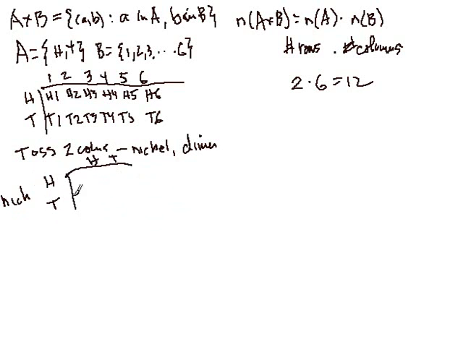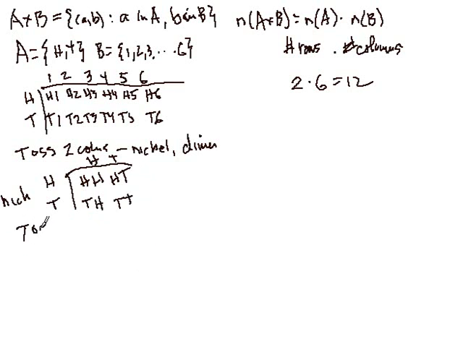Now, what are the possible outcomes? Well, you're either going to get 2 heads, or a nickel head and a dime tail, or a nickel tail and a dime head, or 2 tails. But that's pretty straightforward. Now, let's do another example where we soup it up a little bit more.